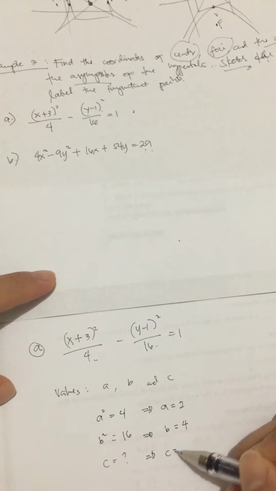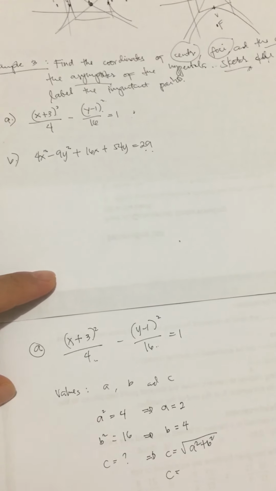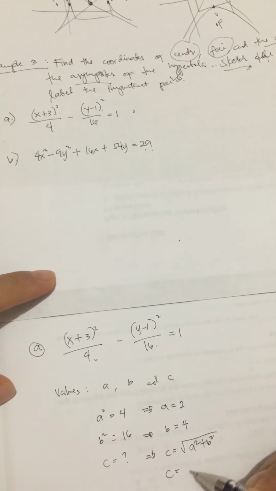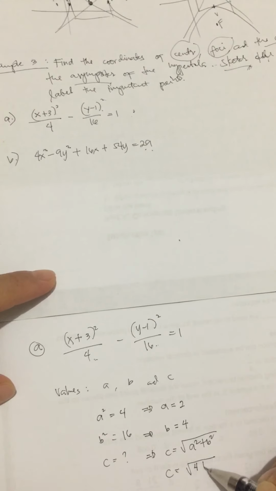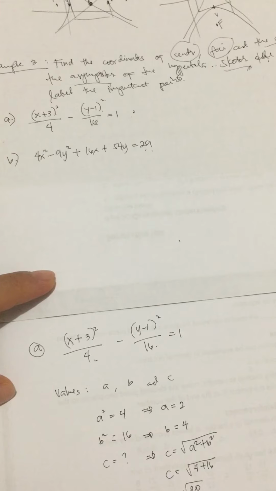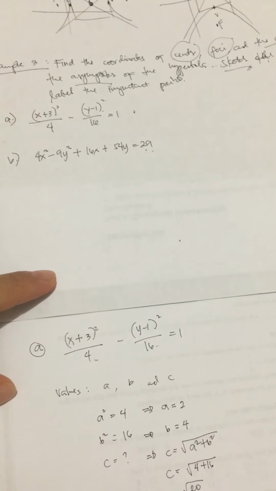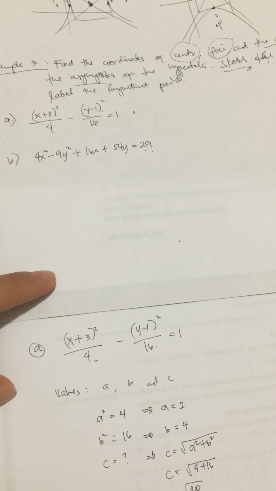Our c would be equal to the square root of a squared plus b squared, so c is equal to the square root of 4 plus 16. So c is equal to the square root of 20, or this would be equal to plus or minus 2 square root of 5. So, yan po ang magiging value ng ating c.